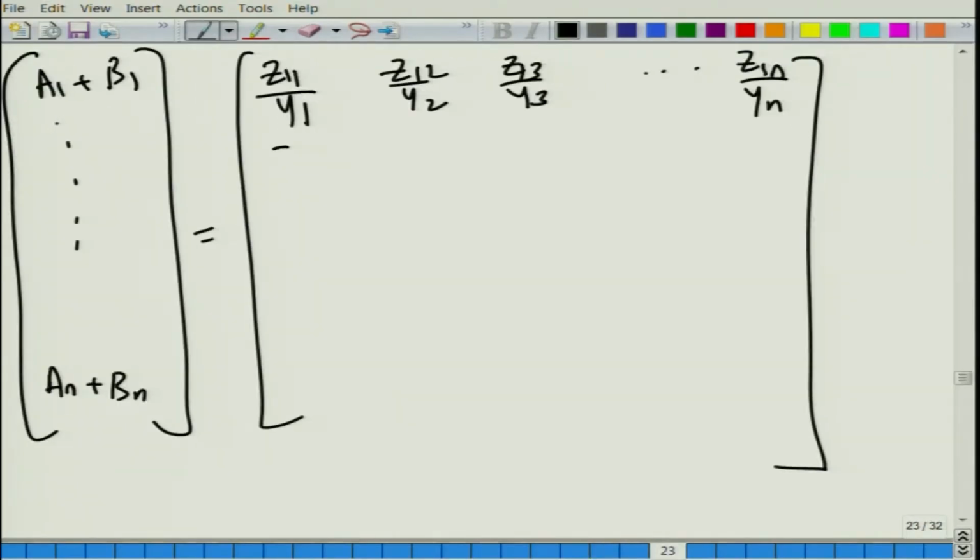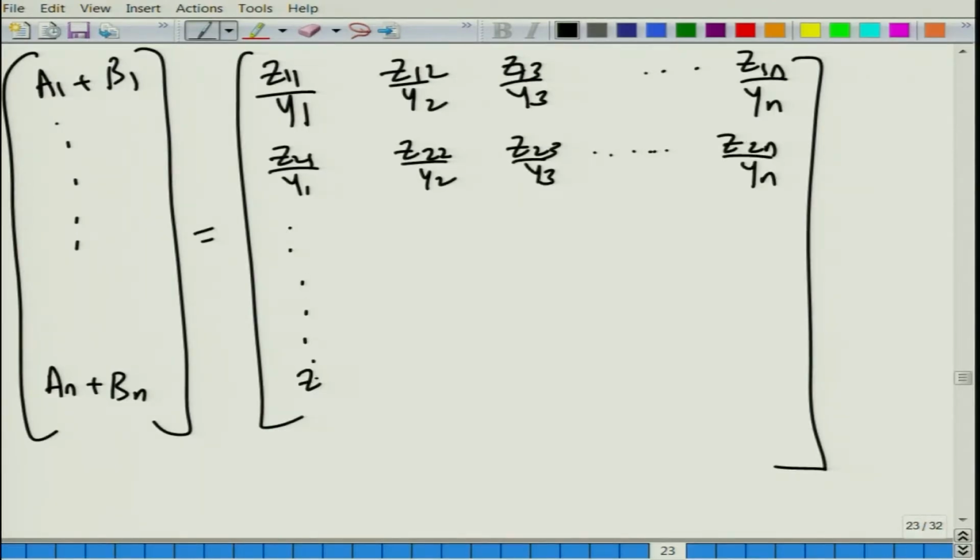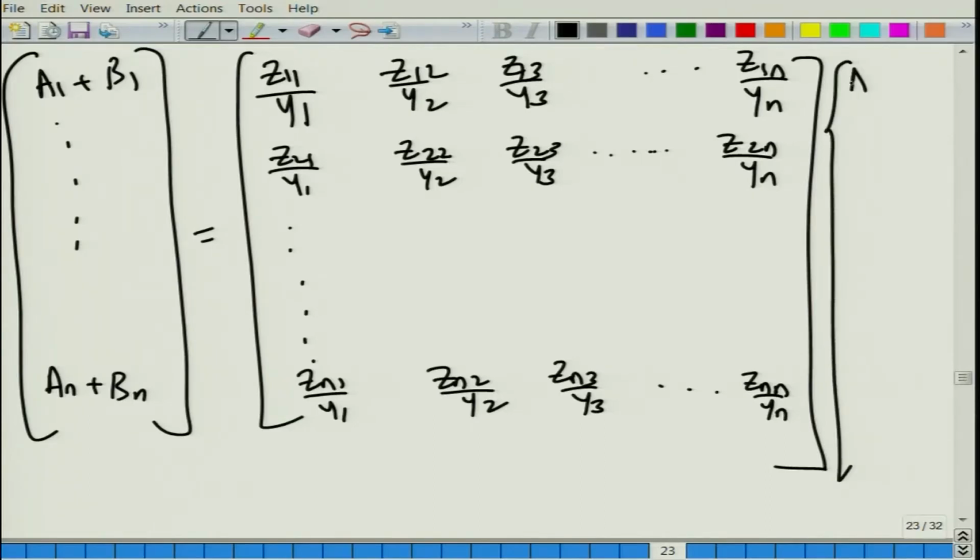So here you will have Z21 Y1, Z22 Y2, Z23 Y3, Z2n times Yn, and Zn1 times Y1, Zn2 times Y2, Zn3 times Y3, Znn times Yn. This will multiply A1 minus B1, A2 minus B2, and AN minus BN.